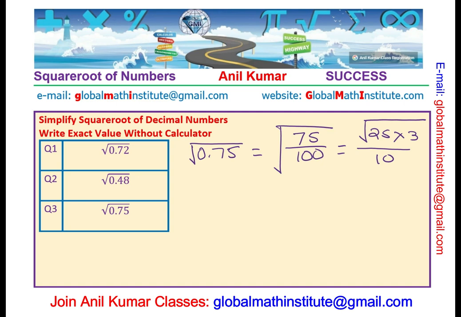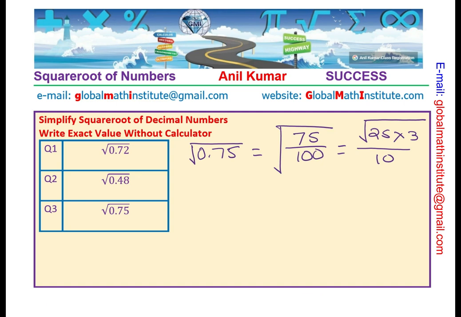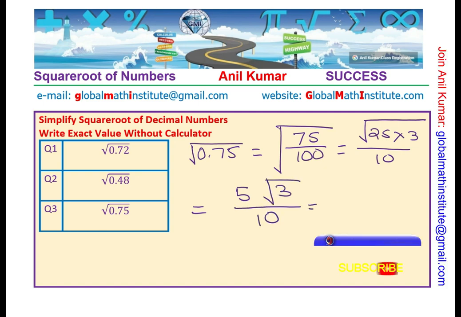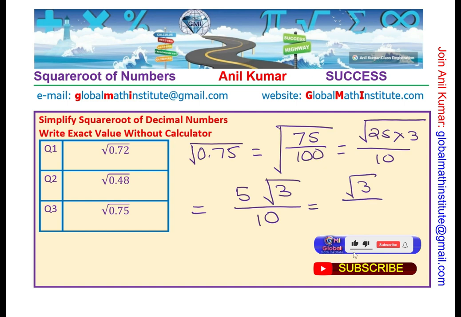You see, in each example, we figure out a whole number which is a perfect square, 25 in this case. 25 square root is 5 times square root 3 over 10, and that gives you square root 3 over 2 as your answer. You see how simple this strategy is?